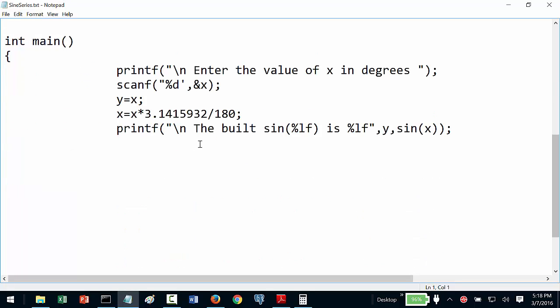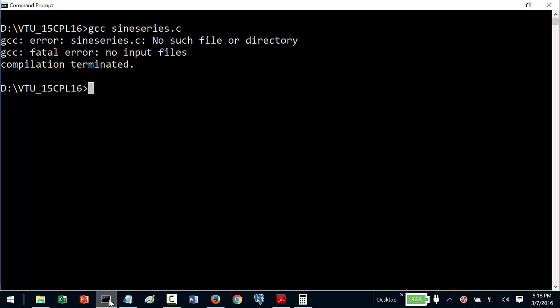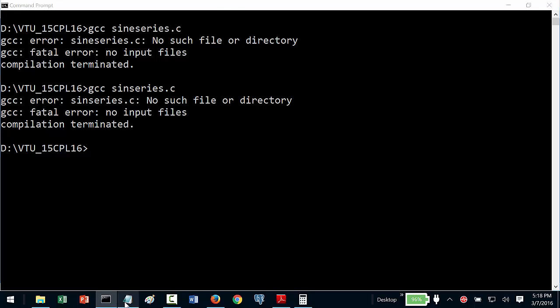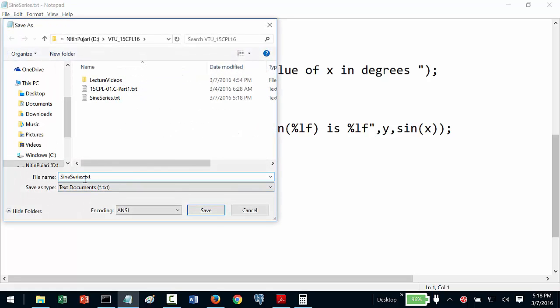Hopefully we will just find out what is the value when we give it in degrees, so that it's easy for us to compare. So we'll do the GCC sine series.c. I think we have made the file name here sine series.text. That's the problem. I have to save it as .c. Okay, simple.